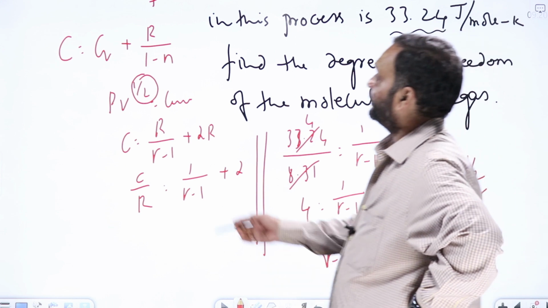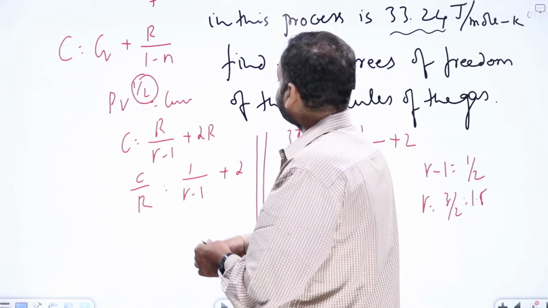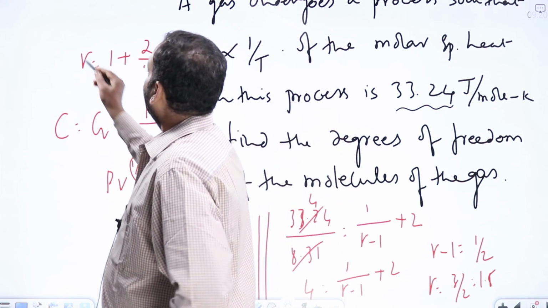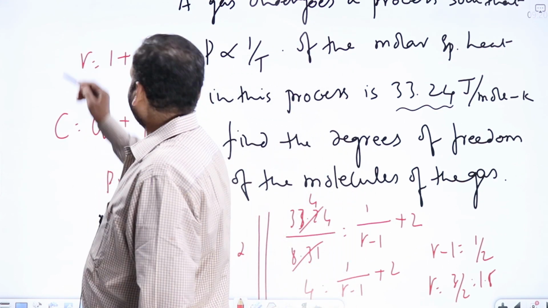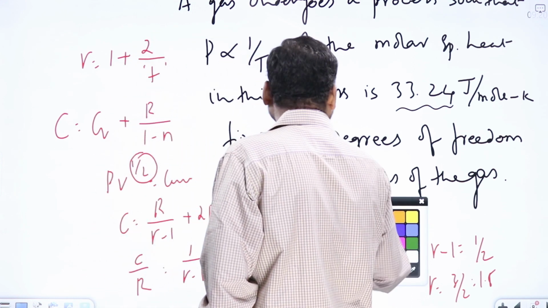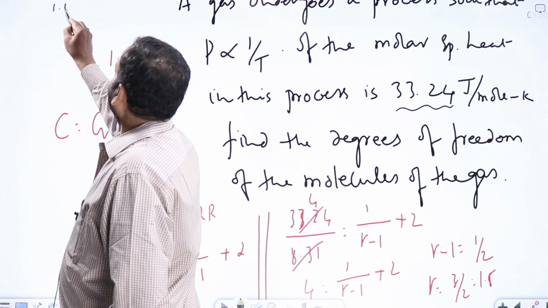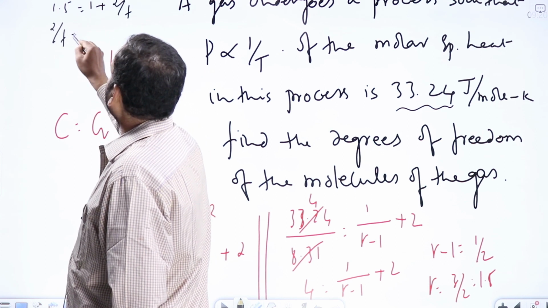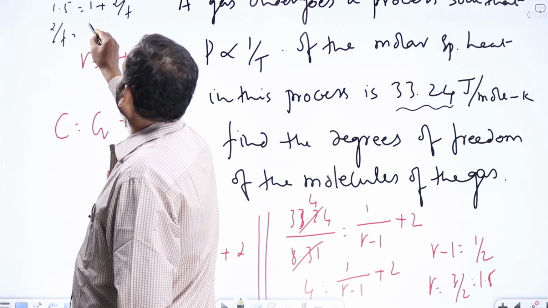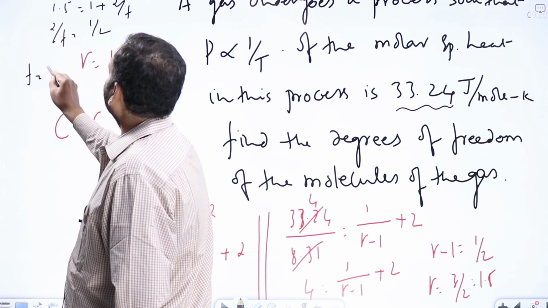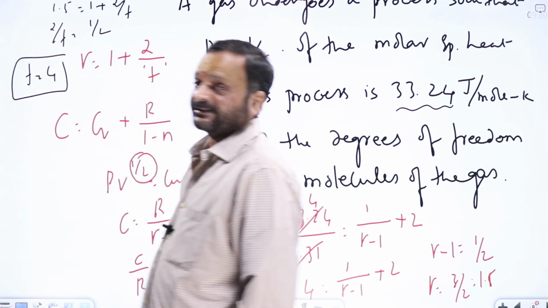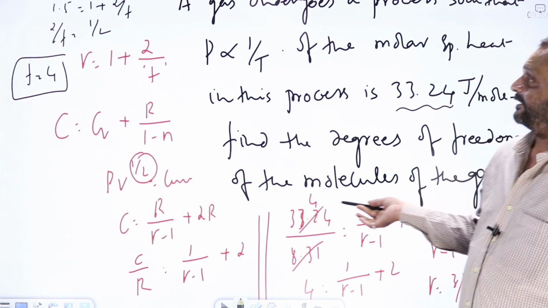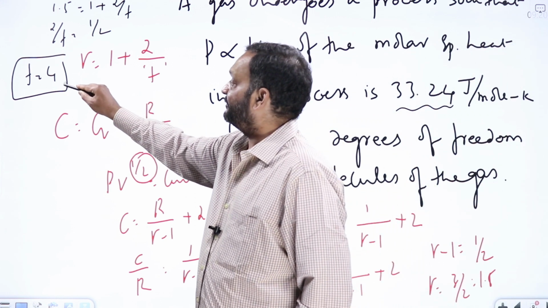When gamma is 1.5, simply substitute that in the formula gamma equal to 1 plus 2 by F, and you will get the degrees of freedom. 1.5 equals 1 plus 2 by F, that is 2 by F equals 1.5 minus 1, nothing but 0.5, or F equals 4, meaning that gas has 4 degrees of freedom. This is how we can find the number of degrees of freedom of the molecules of the gas. The gas has 4 degrees of freedom, we say.